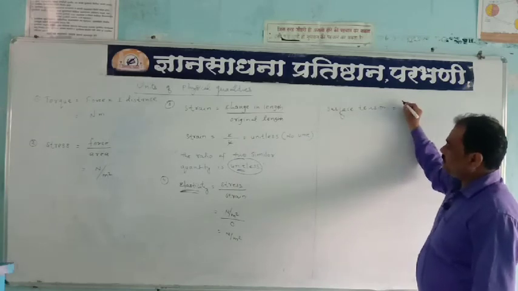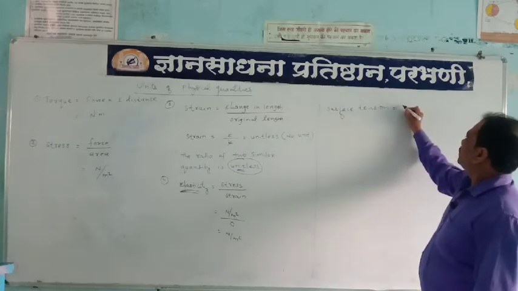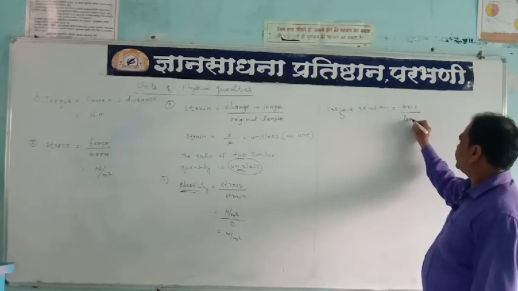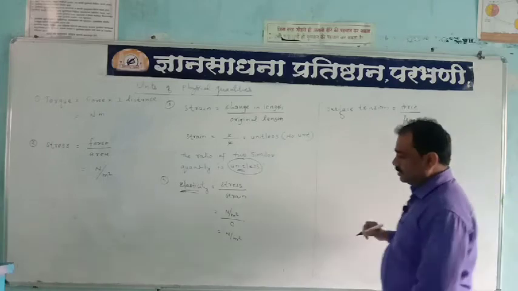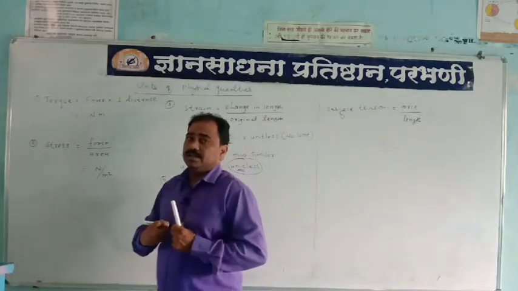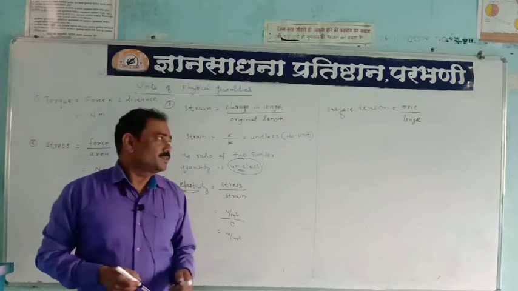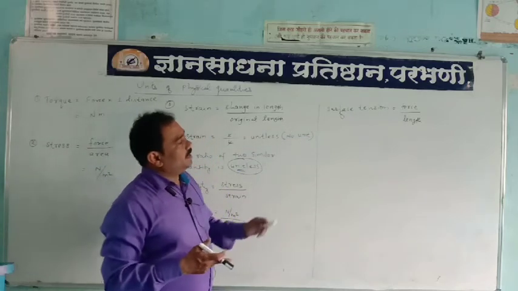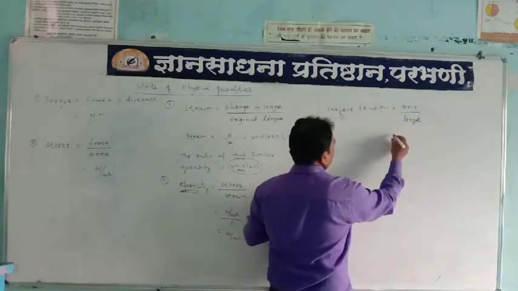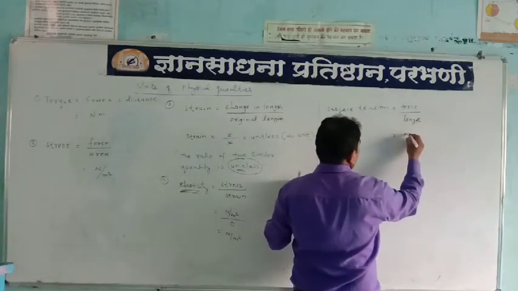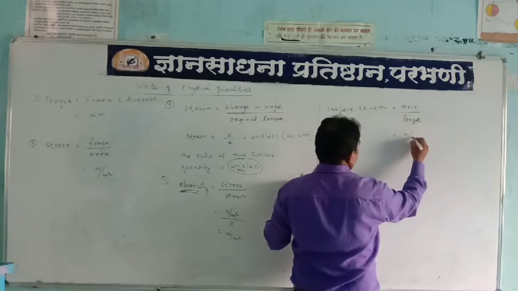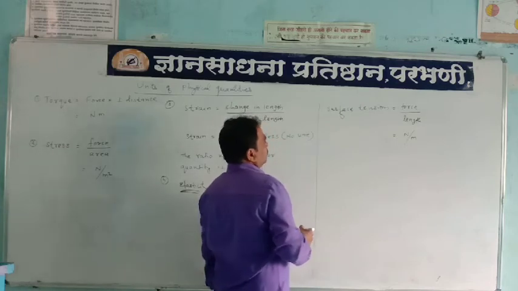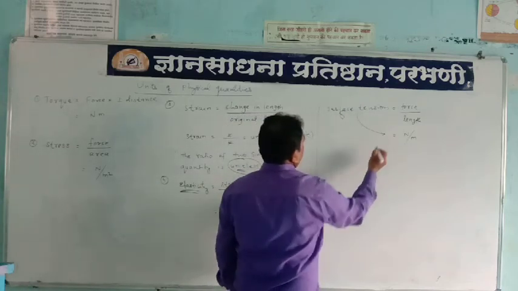Surface tension means force per unit length. So this is the proper formula to calculate the SI unit for surface tension. So surface tension is equal to force per unit length. So what is the SI unit for force? That is Newton. Length is measured in meter. So Newton per meter. So this is the SI unit for surface tension.